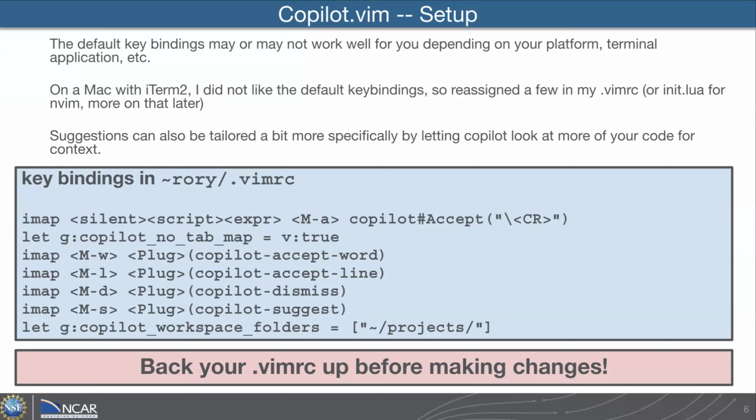You can assign that workspace to be an even narrower scope if you want. And always back up your vimrc before you make changes. But I use NeoVim more than Vim, so I have a pretty lightweight vimrc file. You're welcome to look at it. I think this is about the only things that are in there. And that's enough to make it a pretty functional tool for me.